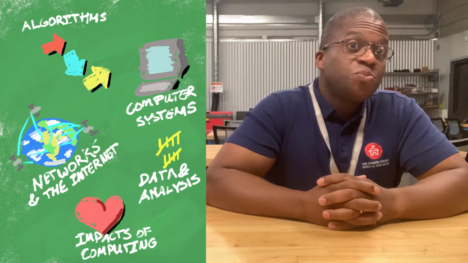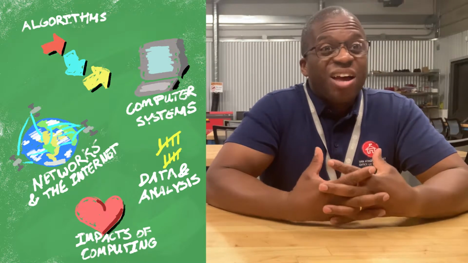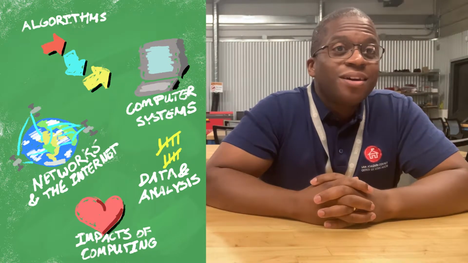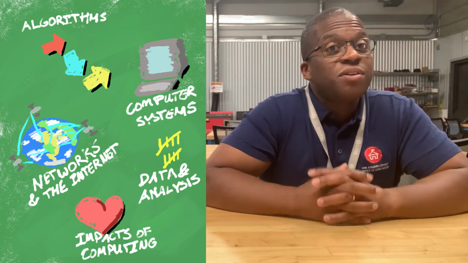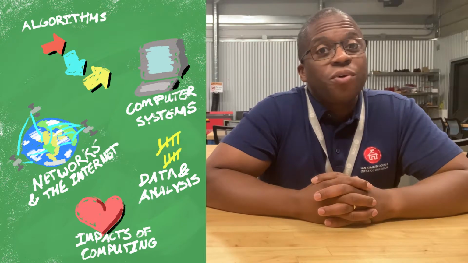Data and analysis, because so much of what we use computers for is gathering and processing information and then communicating that information to others. And then lastly, impacts of computing, because we want the students to have the ability to engineer solutions for everyone. So we are focused on several different standards in this unit.